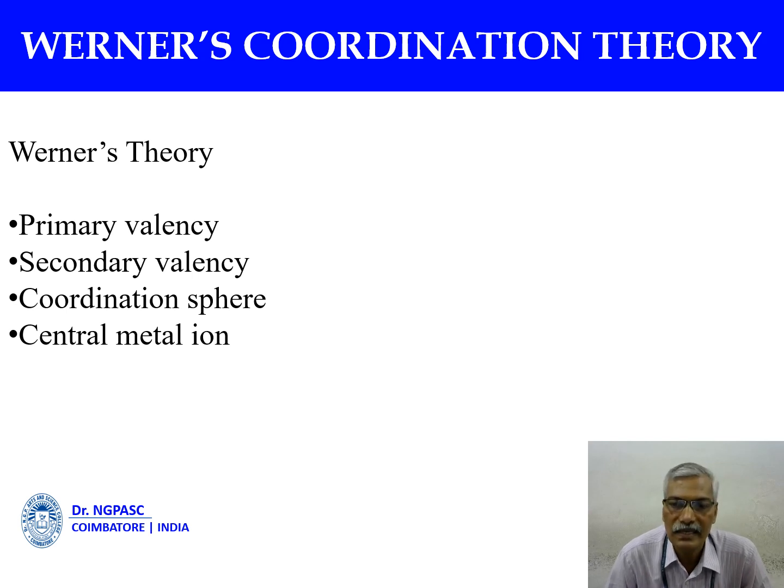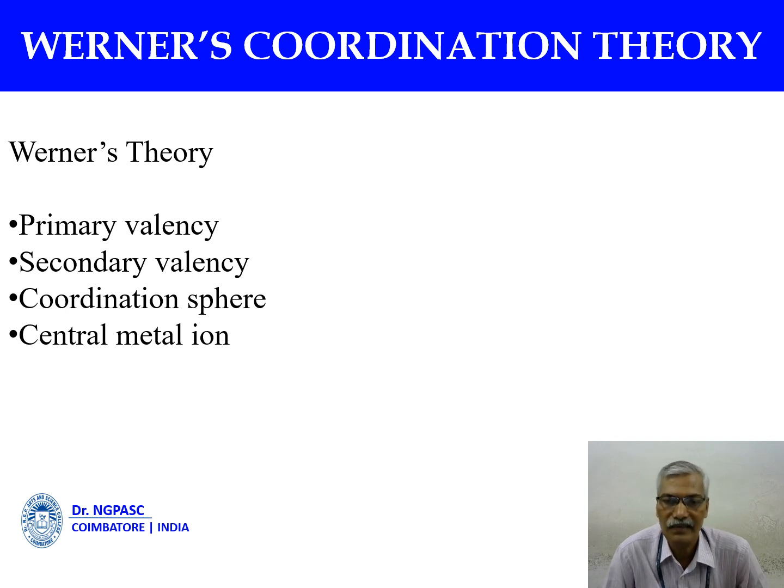So each and every metal ion possesses two types of valencies. One is the primary valency, the other is the secondary valency. The primary valencies are always satisfied by anions, like in normal sodium chloride, where Na+ is linked with Cl-.